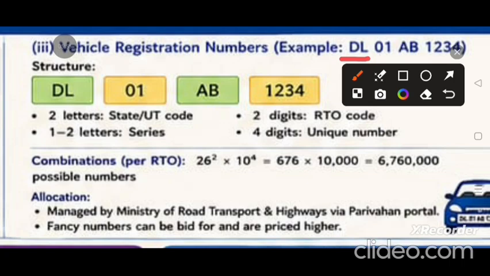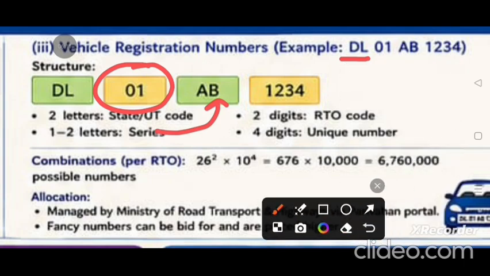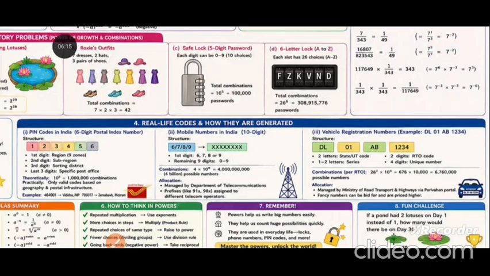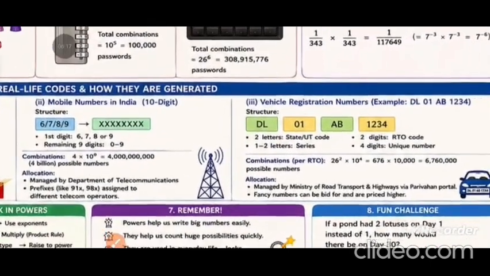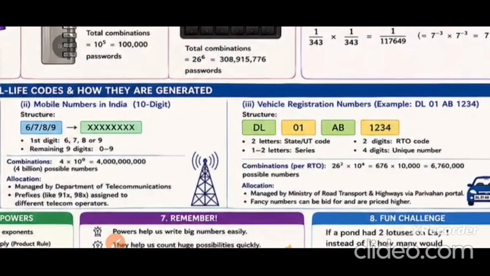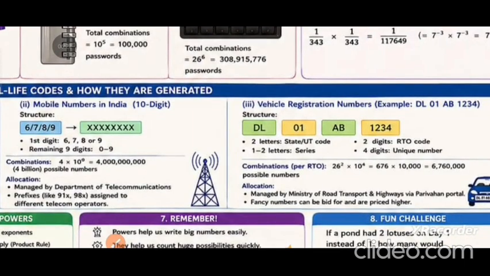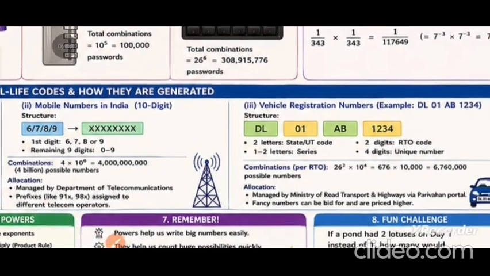Then we have the 2 digits. It represent RTO code. Next we have 2 letters. That is the series of the number. And 4 digit, it is the unique number of the vehicle. So combination per regional transport office is for first 2, 26 raised to the power 2.